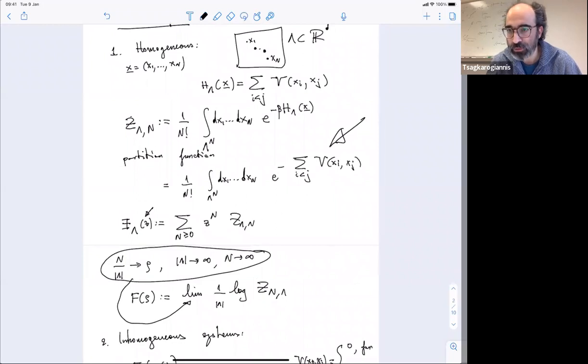What the cluster expansion manages to do is to write this as a power series, where the first term is just one integral, the second term is two integrals, the third term is three integrals, integrals in the product space. So it's very low dimension. And then you can do Monte Carlo to compute the coefficients.